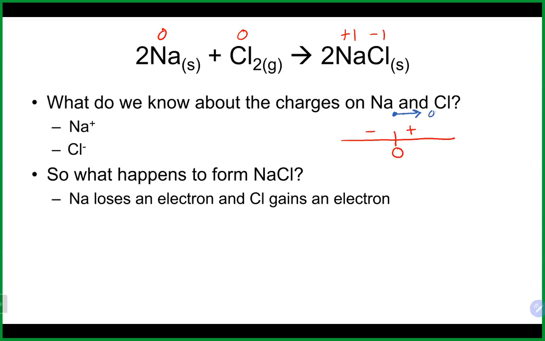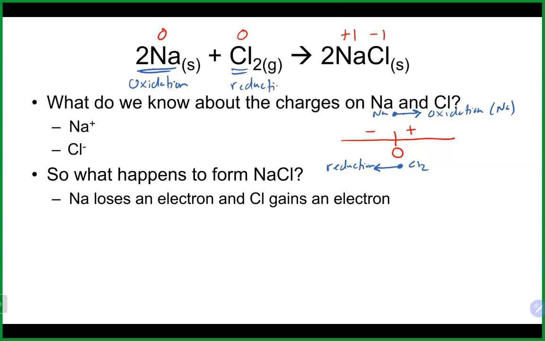And that means the sodium is going through oxidation, or being oxidized. The chlorine is starting at 0 on the left, and on the right-hand side ends at -1. That means it's becoming more negative, and it is going through reduction.